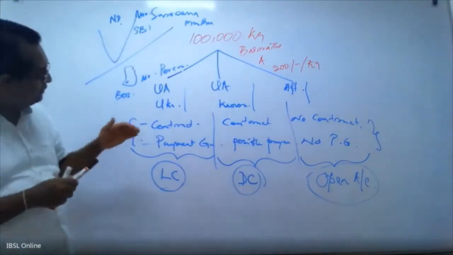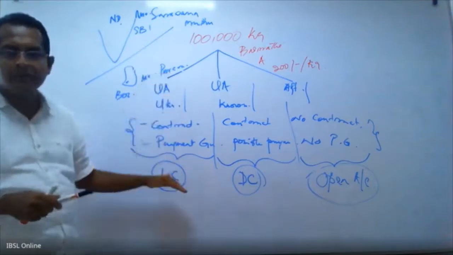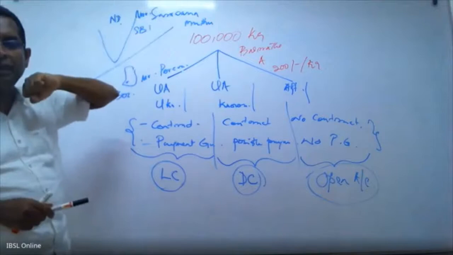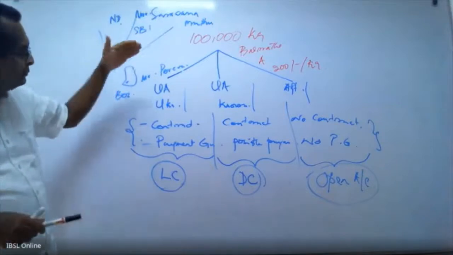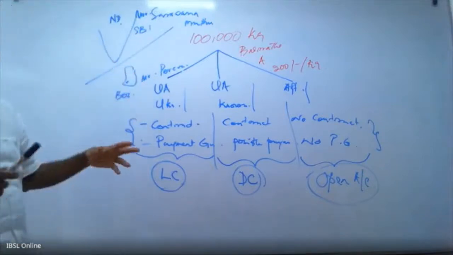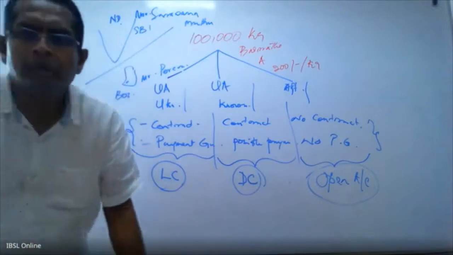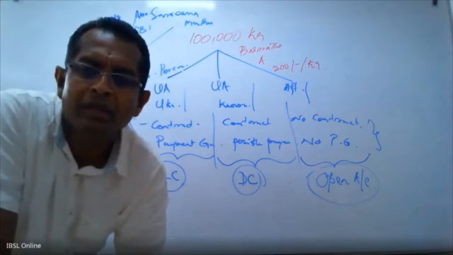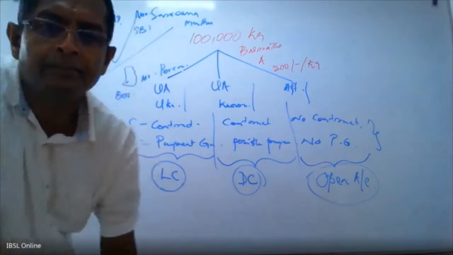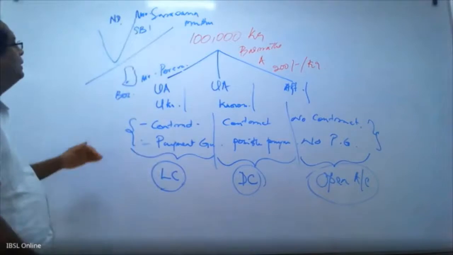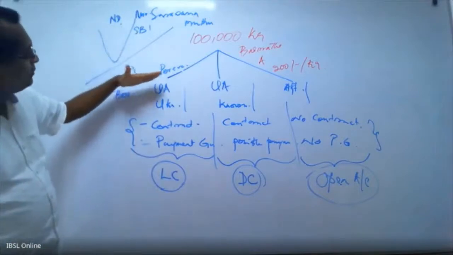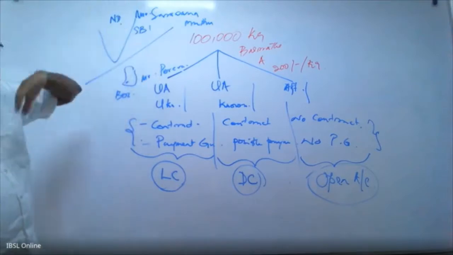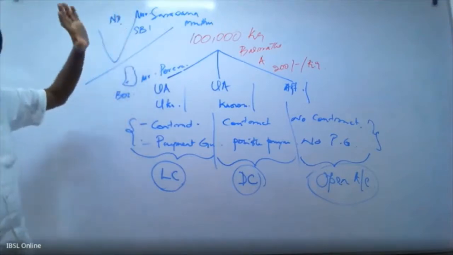So if this is the type, Mr. Pereira does not know Saravanamuthu in New Delhi. He is here, but he found out a deal.